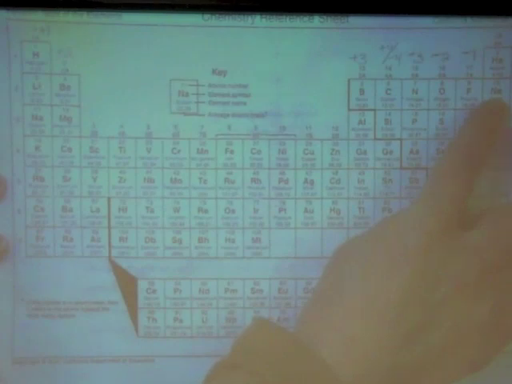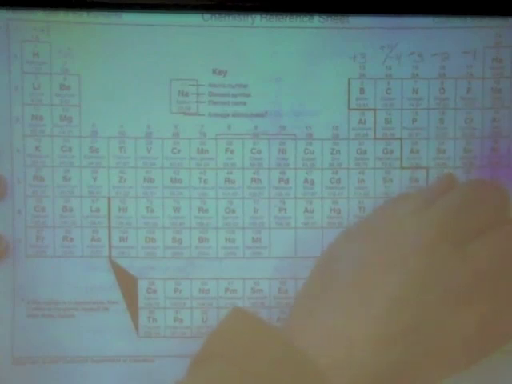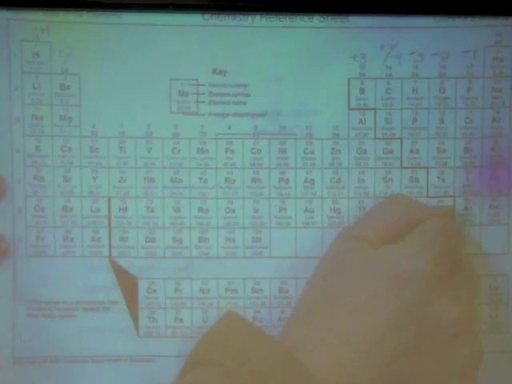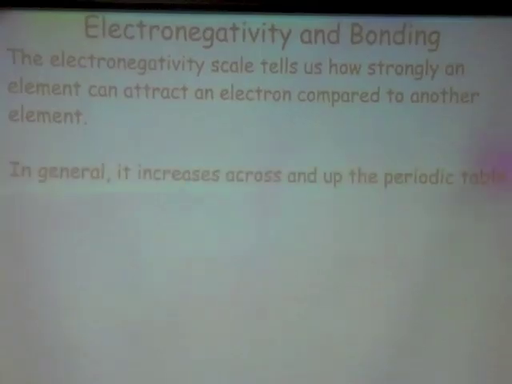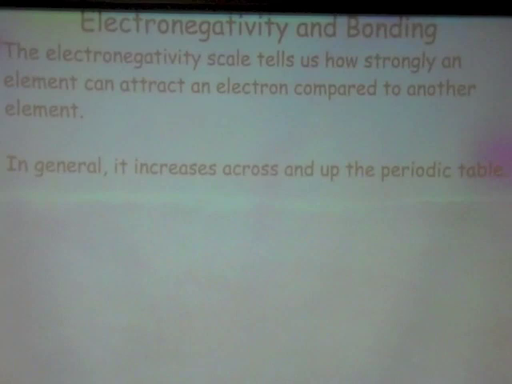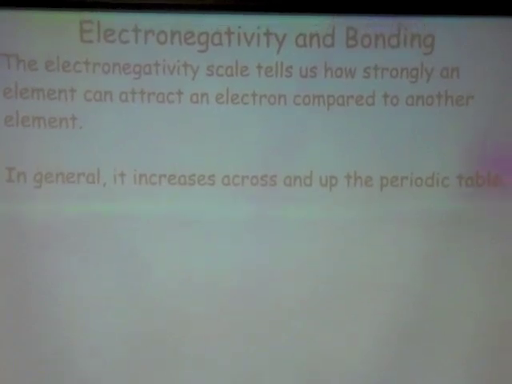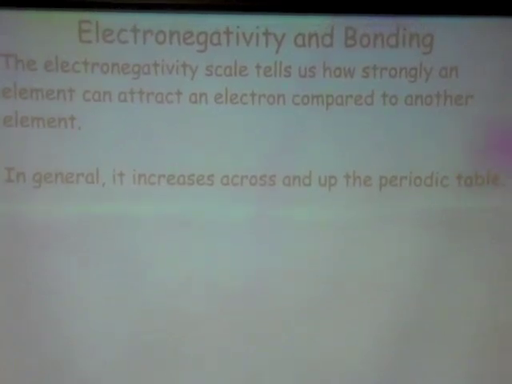Do you think neon has a great ability, a large electronegativity? It's able to attract electrons to it? Fluorine? What do you think? In general, electronegativity increases as you go across a row on the periodic table and up a group.